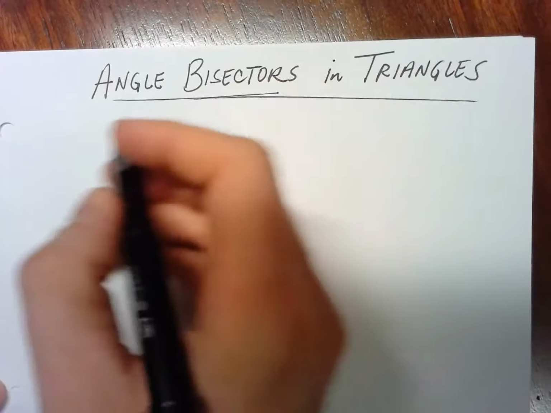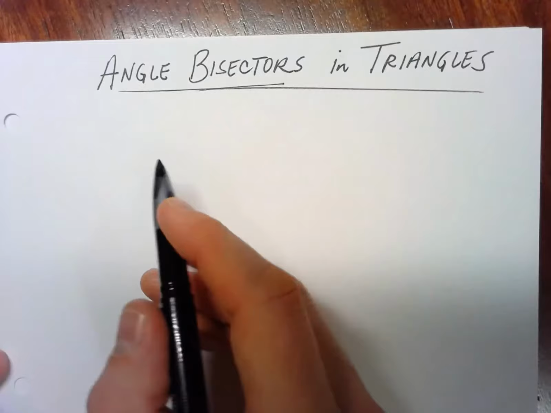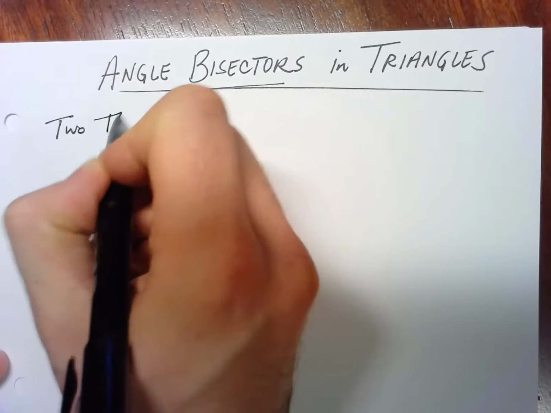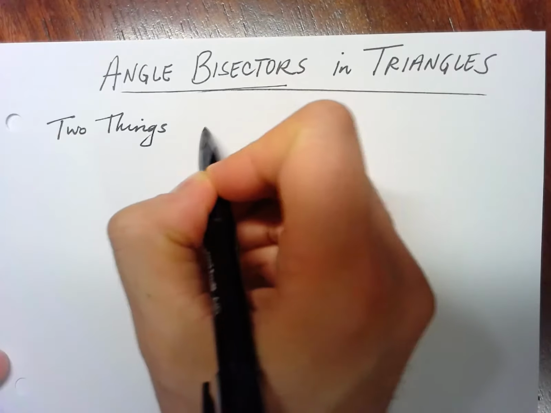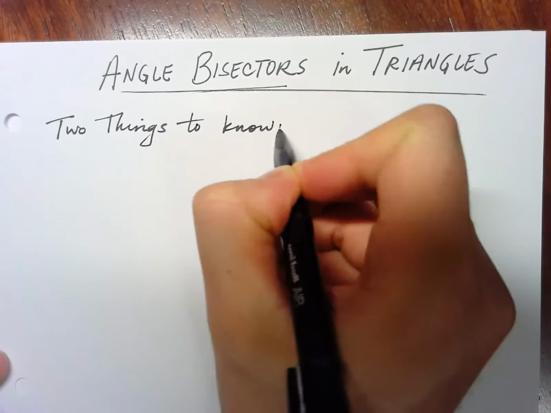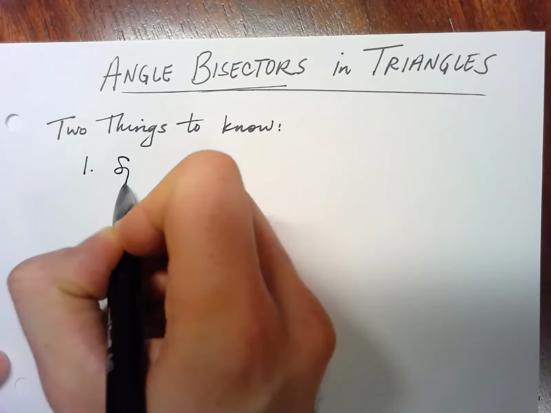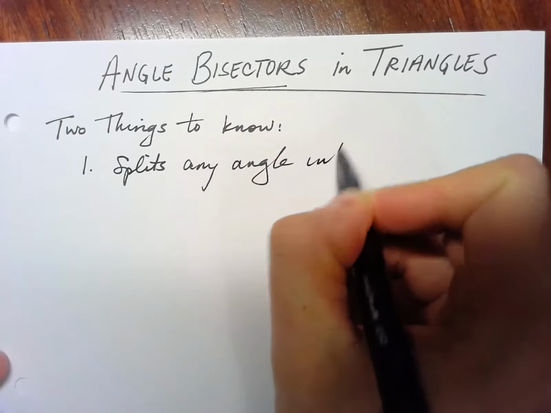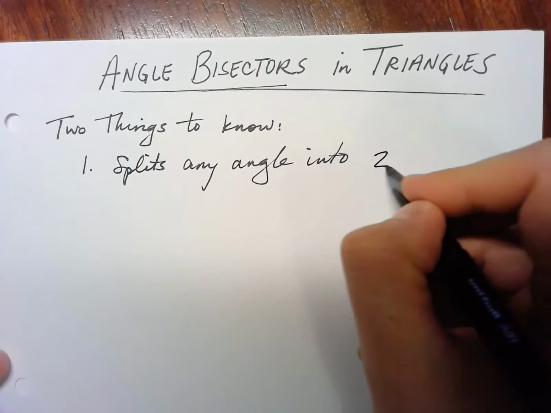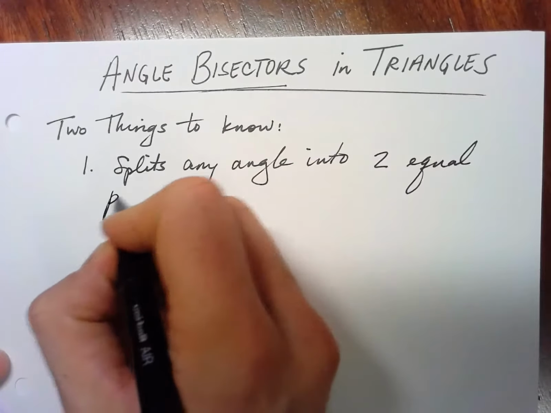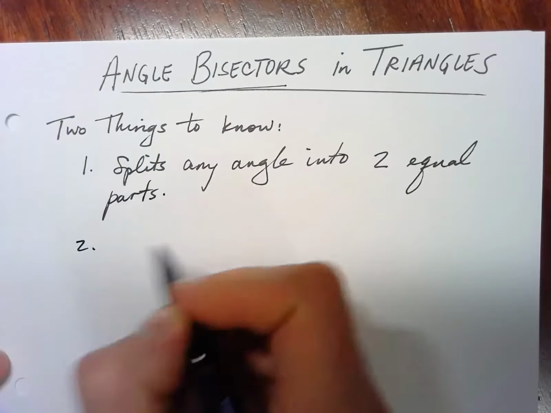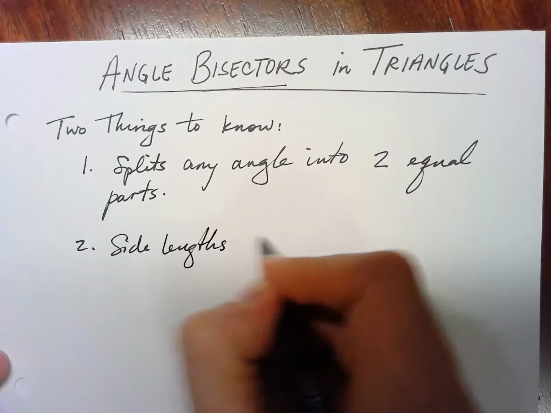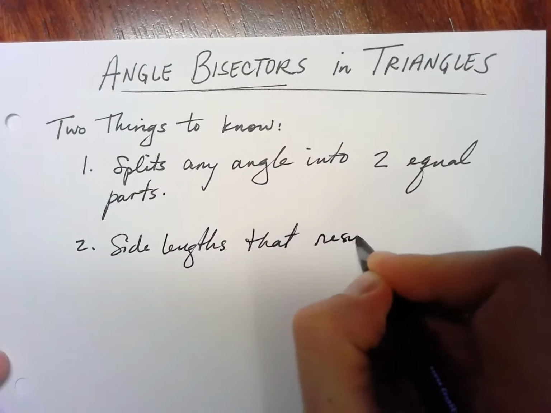And so there are two things you need to know about angle bisectors, specifically in triangles. Number one is that it splits any angle into two equal parts, and the second thing has to do with the side lengths that result.